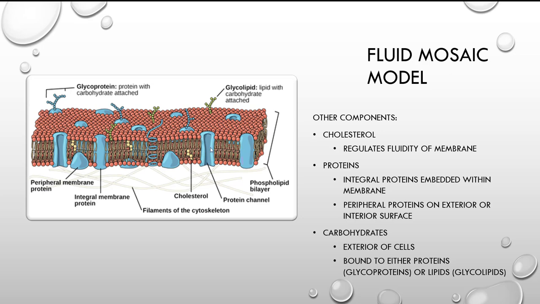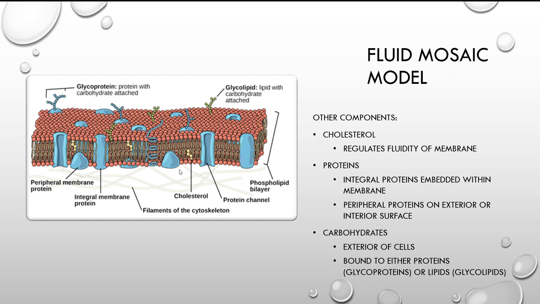We also notice we have these proteins. We have two types. We have integral proteins. The integral proteins are embedded within the layer. You can see there are different ones, and you can see that they form channels. They allow certain substances to go through the membrane, so there are protein channels.